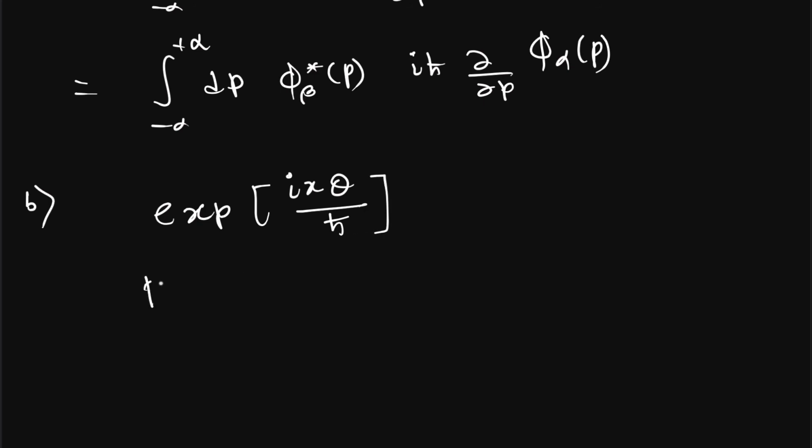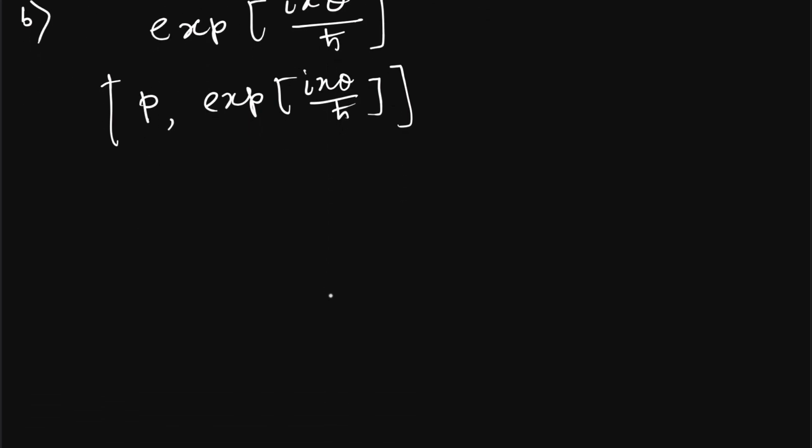Let us check the commutation relation between momentum and this function of x, θ and ħ. From our previous problems, we know that this is equal to minus iħ ∂/∂x of exp(i x θ/ħ).